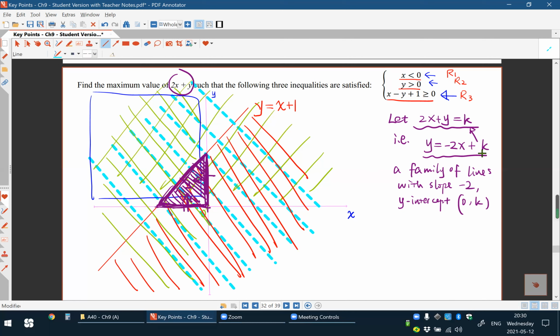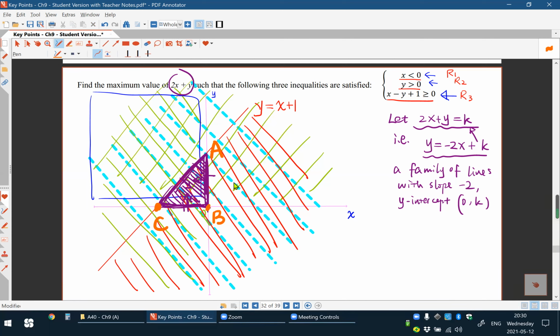Where can the maximum value of k be? It can only be at point A or point B or point C, right? Can you see this? And apparently, because this is a simple question, at point A, k is maximum, right?